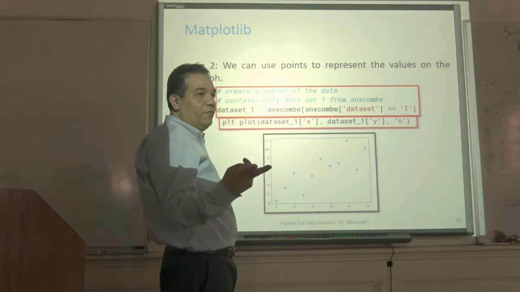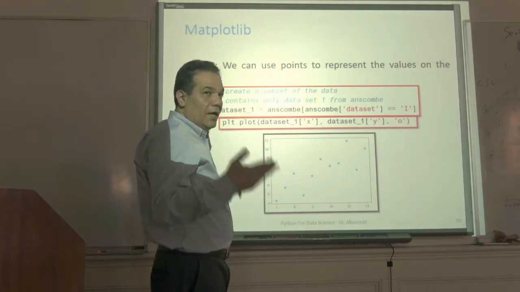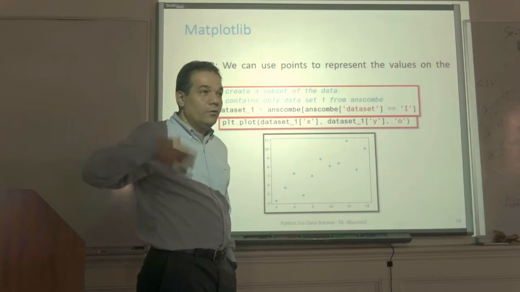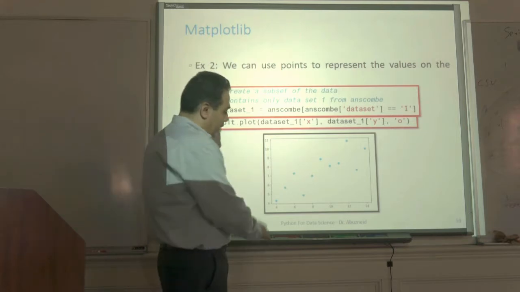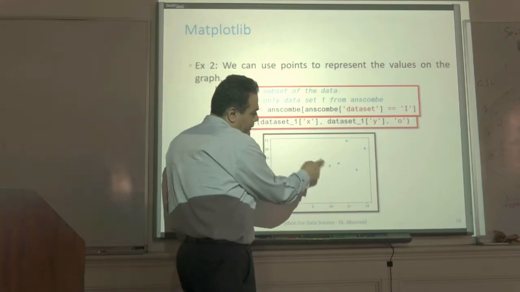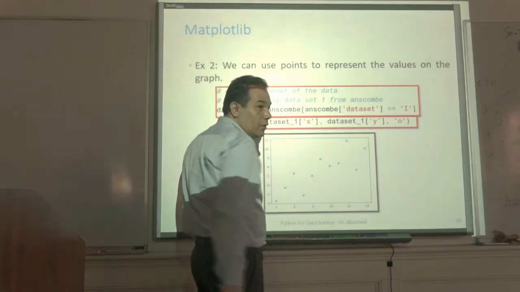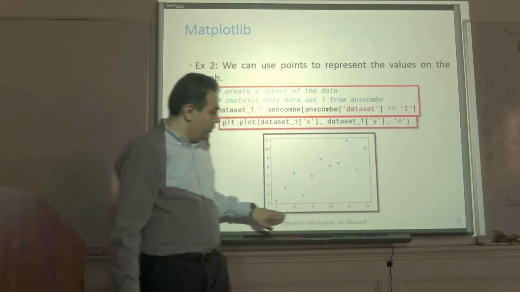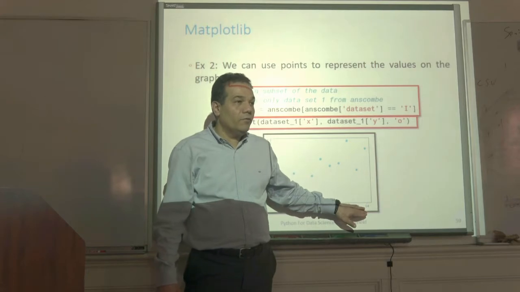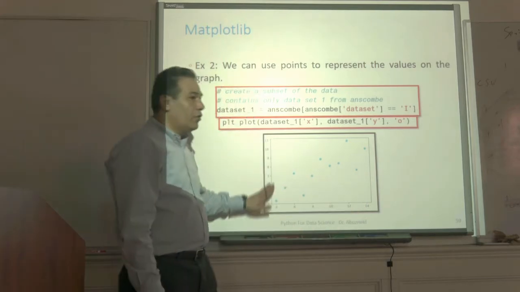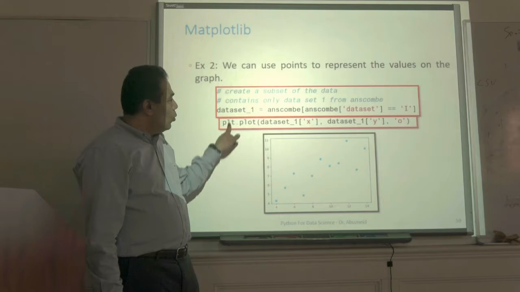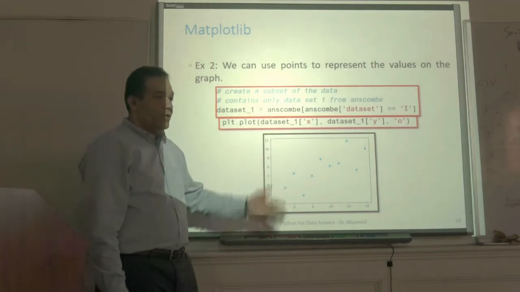How many pairs do they have? 11. Are you still sleeping or 11? Right. If I count 1, 2, 3, 4, 5, 6, 7, 8, 9, 10, 11. Draw them for me. These values are coming from where? From the x, and this is coming from the y. One line, I was able to draw this nice plot.